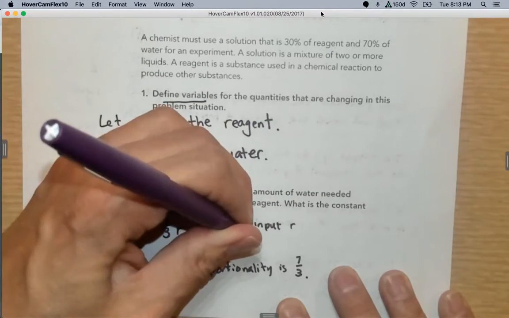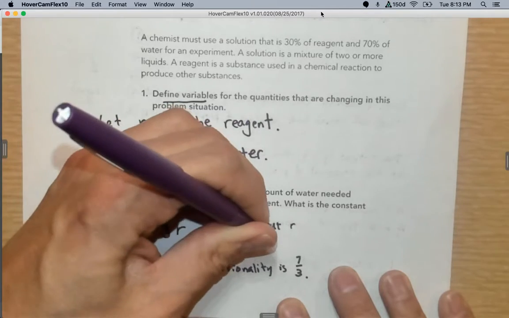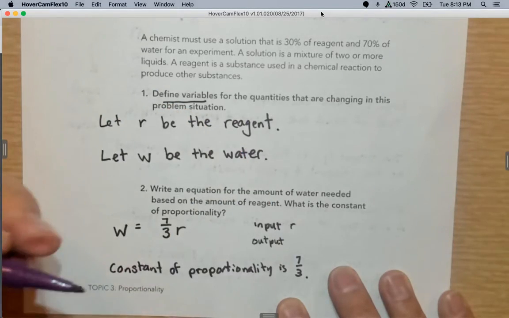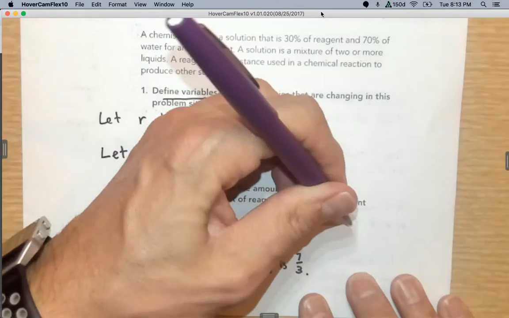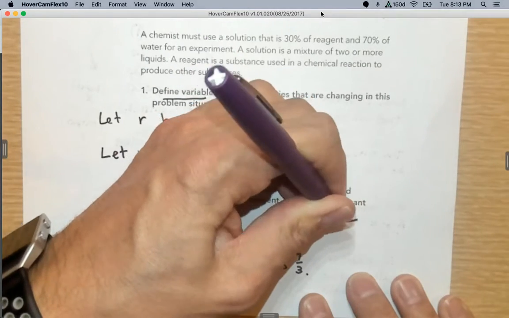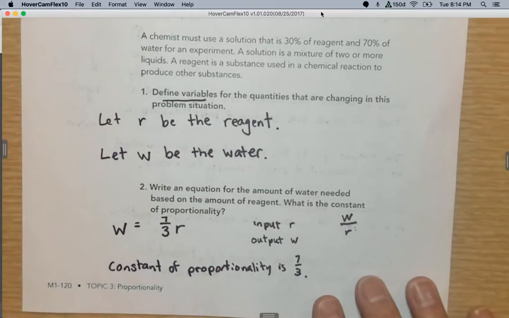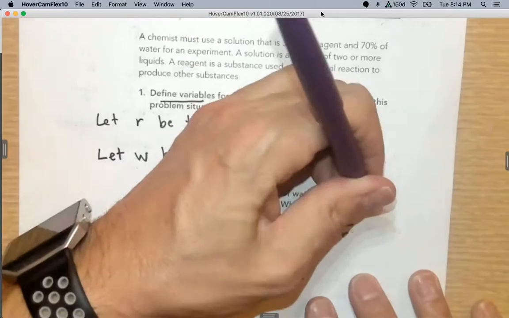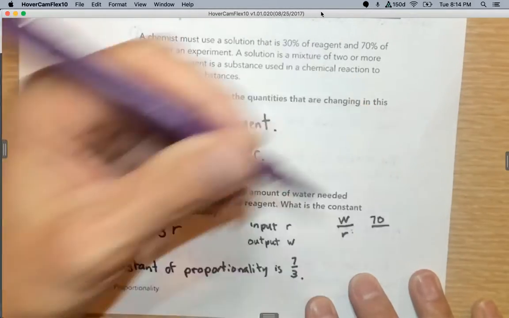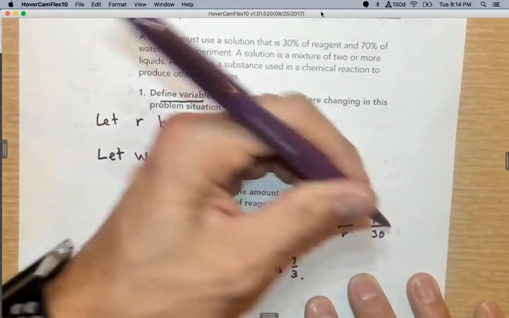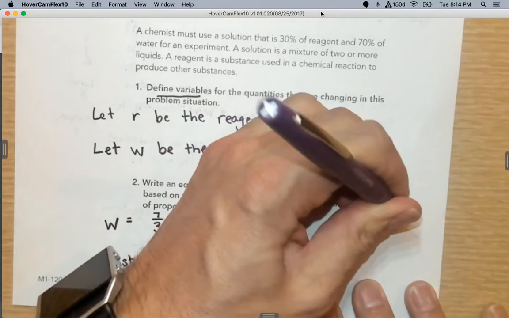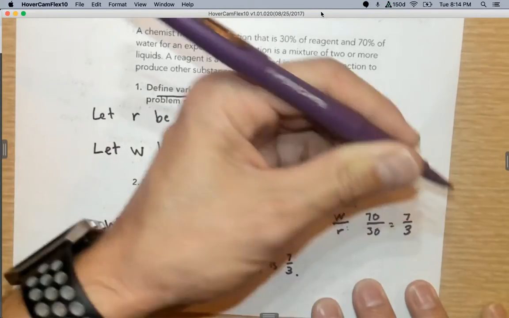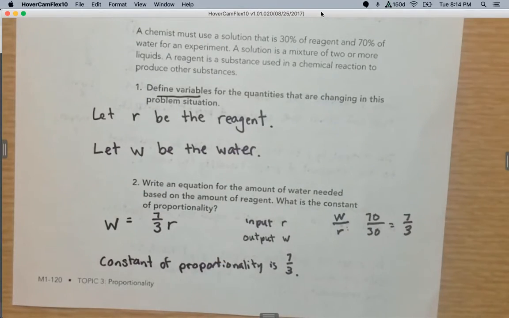The output is the water. And so based on that, it would be water is Y over the reagent. And the percentages we got, 70% water to 30% reagent. And I can simplify that down by dividing both parts by 10 to 7/3. And so that's how I got that as my constant of proportionality.